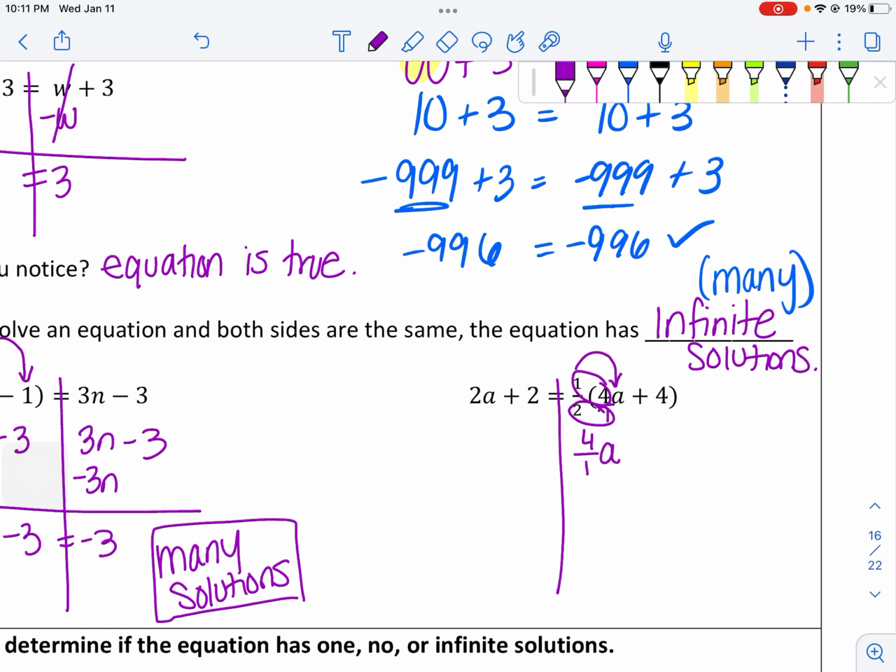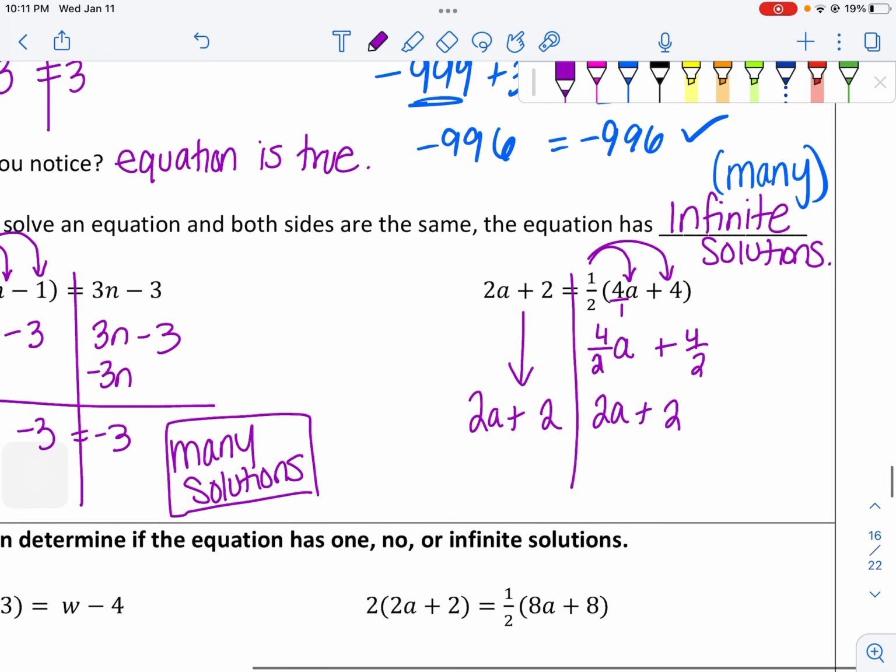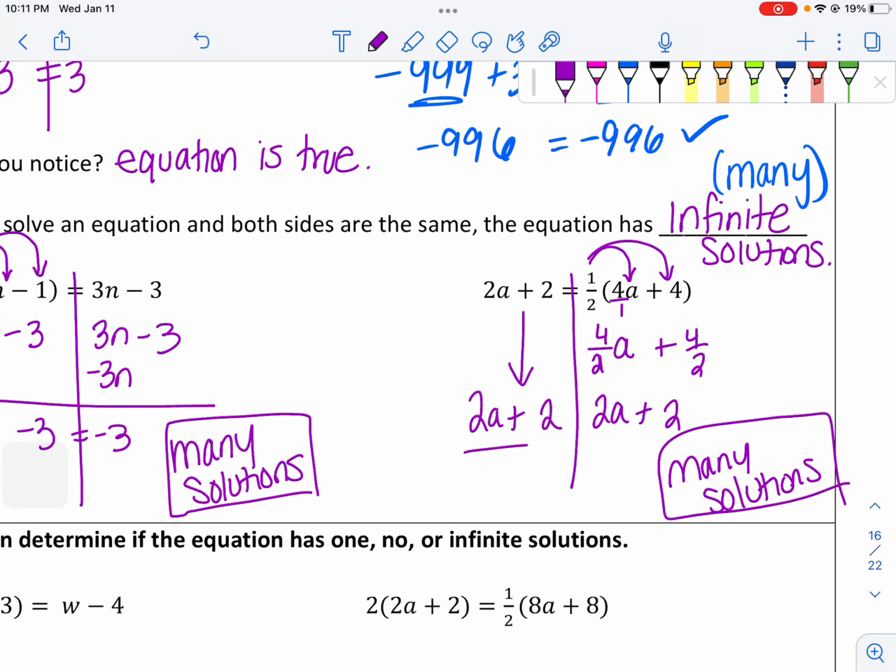So you get 4 over 2a, or 1/2 of 4, which is 2a, and then times by 4 again. So you're going to get 2a plus 2. And that's the same thing you have on this side now, in which case it would be many solutions, because they are exactly the same on both sides.